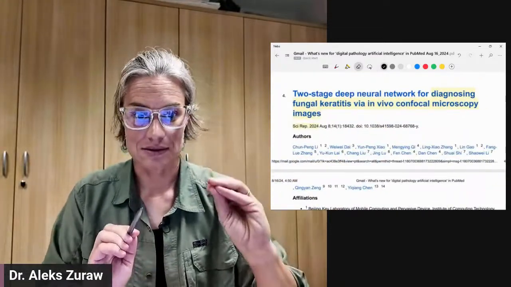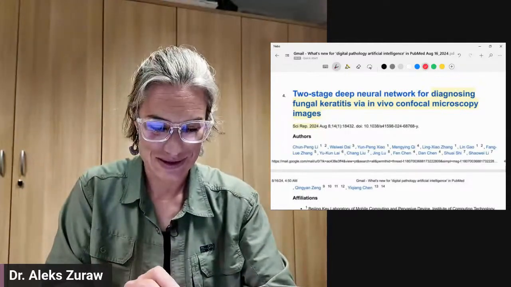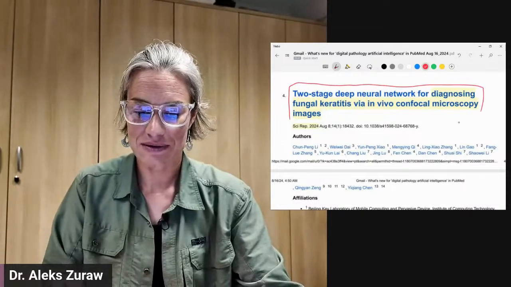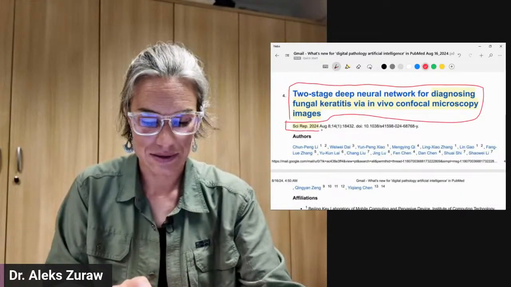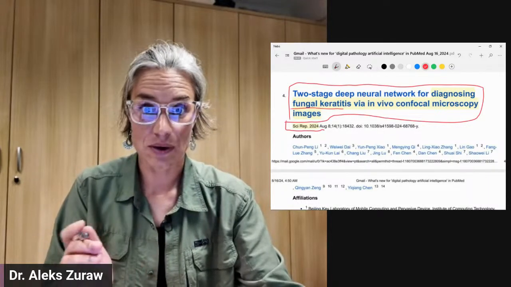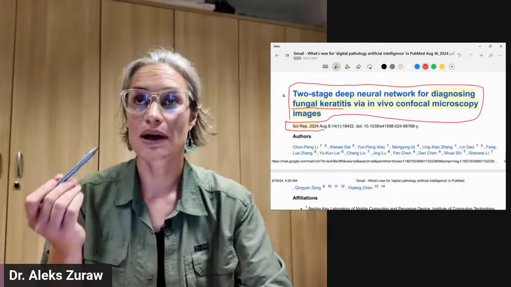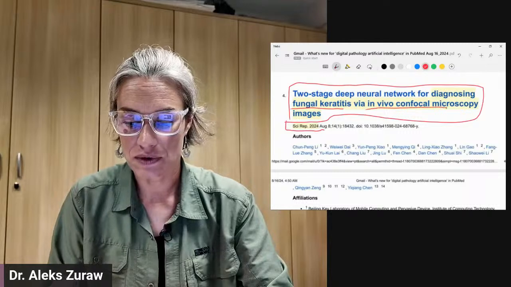So this one I think is super useful. It's different because we're not talking cancer, we're talking about diagnosing fungal keratitis. And this is Scientific Reports from the Science portfolio. Fungal keratitis, inflammation of your cornea by a fungus, via in vivo confocal microscopy.